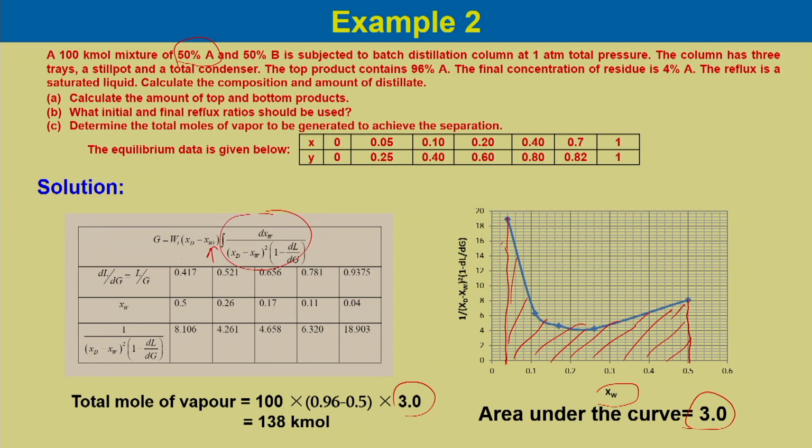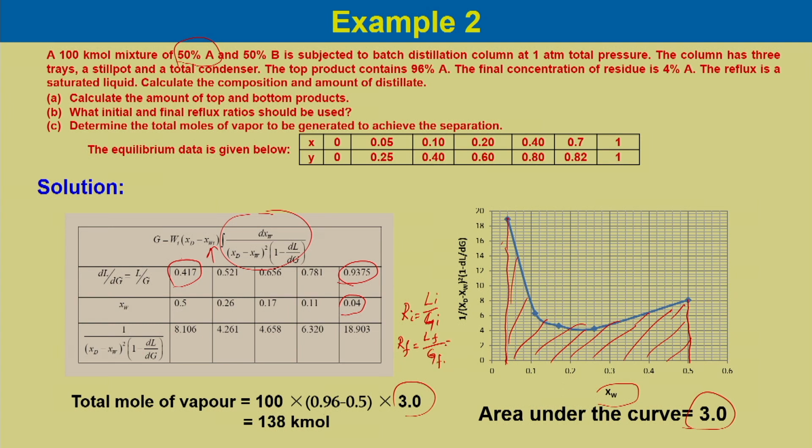We have calculated the top and bottom products, the initial and final reflux ratio. This is the initial reflux ratio, Ri, corresponding to xw equal to 0.5, which is Li by Gi, and the final reflux ratio corresponding to xw equal to 0.04, which is Rf equal to Lf by Gf.